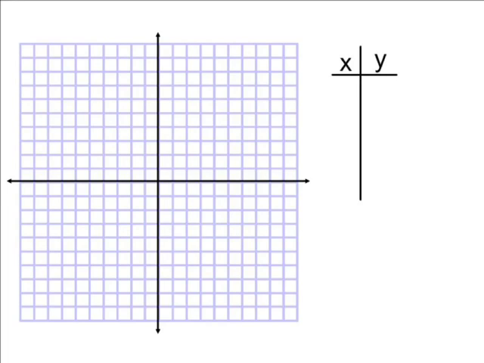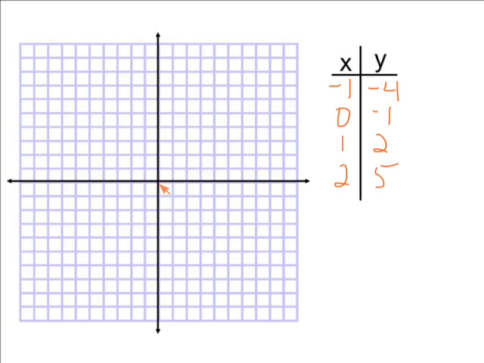So let's go ahead and remember what our ordered pairs were. We had -1, -4, 0, -1, 1, 2, and 2, 5. So our x values will be graphed on the x-axis.